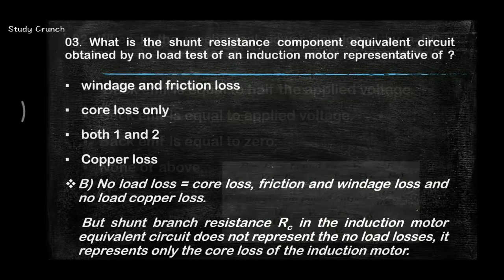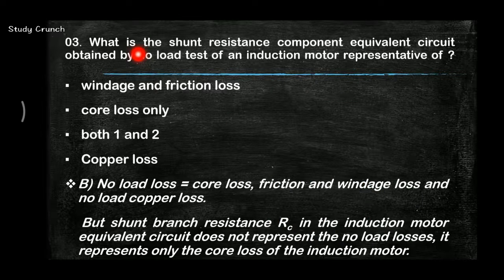Next, what is the shunt resistance component of the equivalent circuit obtained by a no load test of an induction motor representative of? So the answer is it represents only the core losses, that is B. We know that no load loss is equal to core loss, friction and windage loss, and no load copper losses.